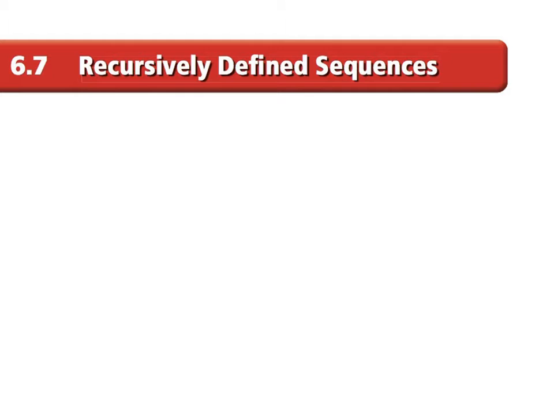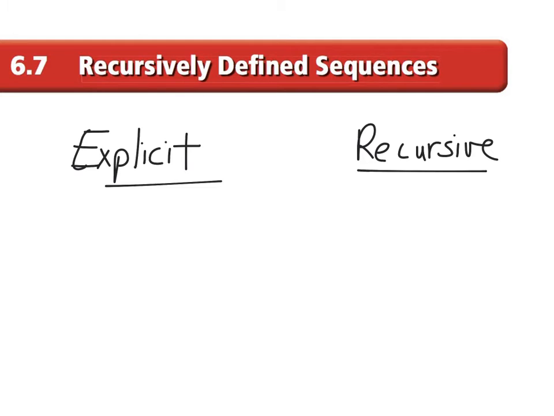An explicit sequence is when you actually write something so that you can get the nth term of anything. So for example, a sub n equals 5n plus 1. Now that's arithmetic. I'm going to put an A here for arithmetic.